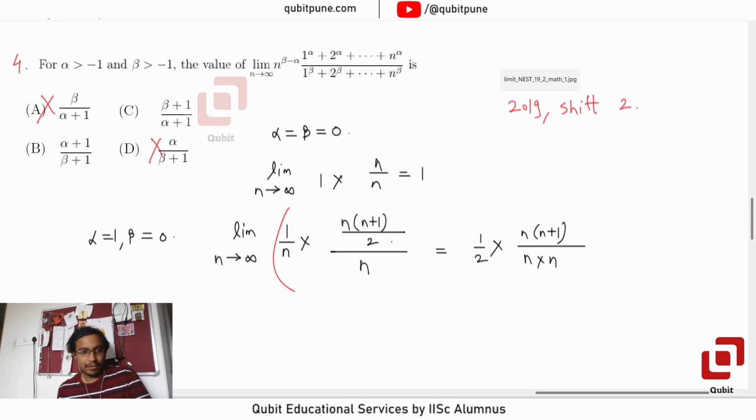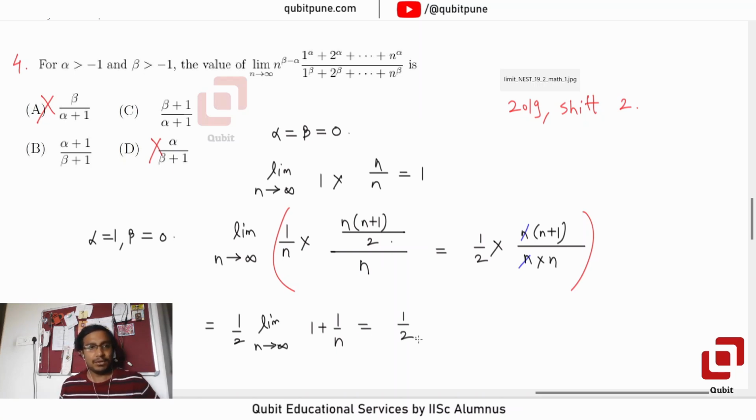In the limit, n into n will get cancelled, so it would eventually be 1 by 2 into the limit as n tends to infinity of 1 plus 1 upon n. That 1 upon n will go to 0, so it will be 1 upon 2, and you just need to check for the options whether it is C or B now.